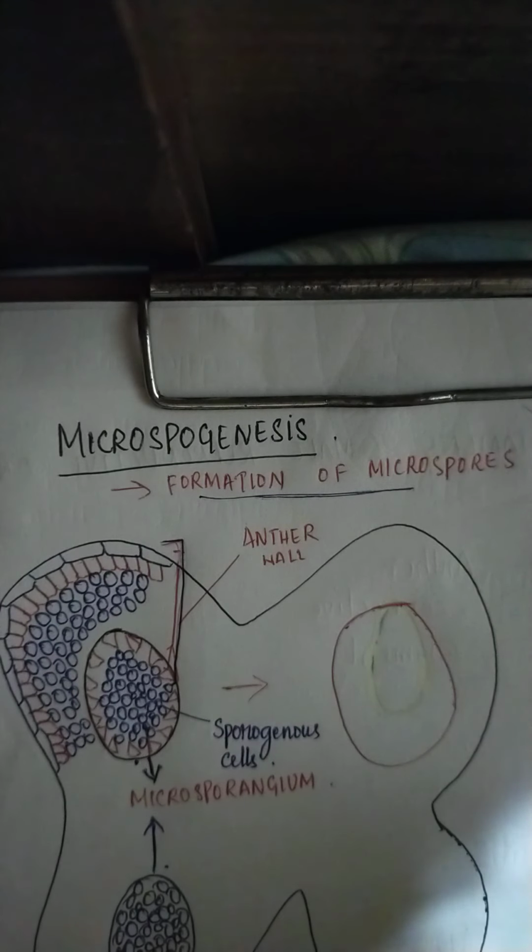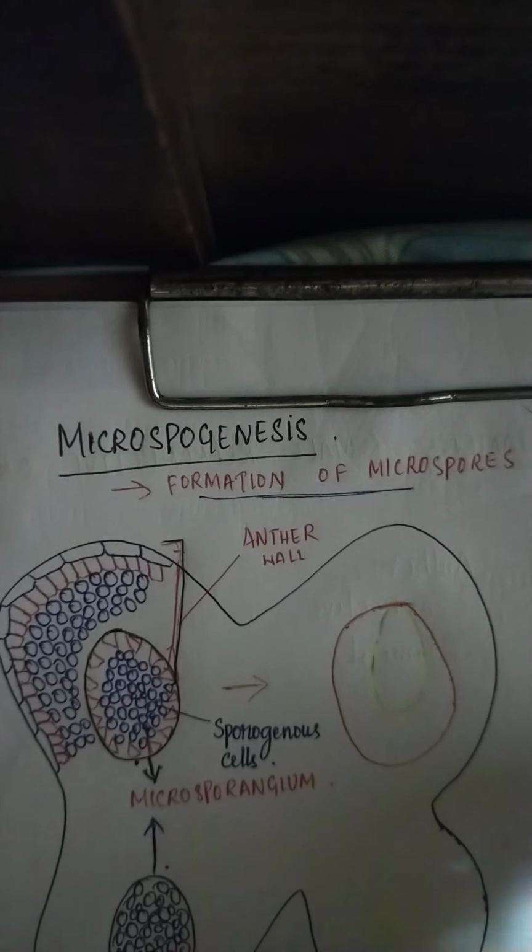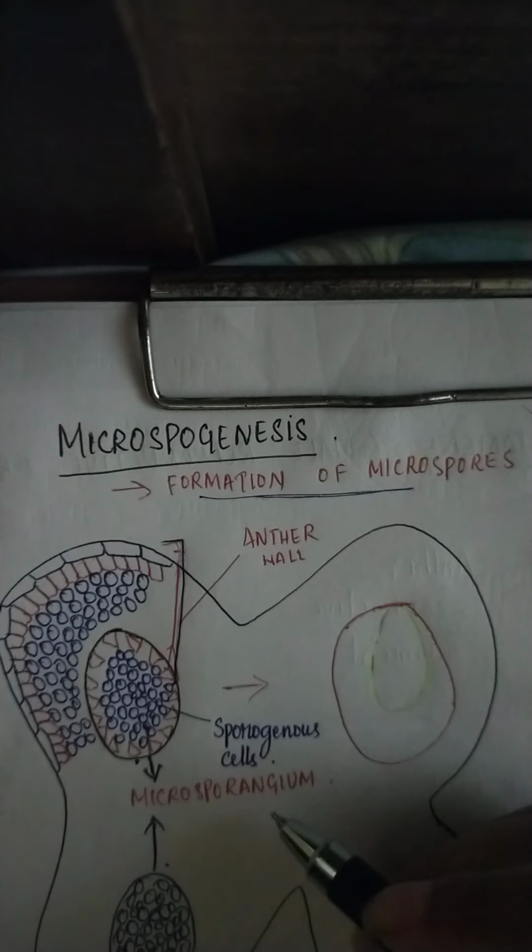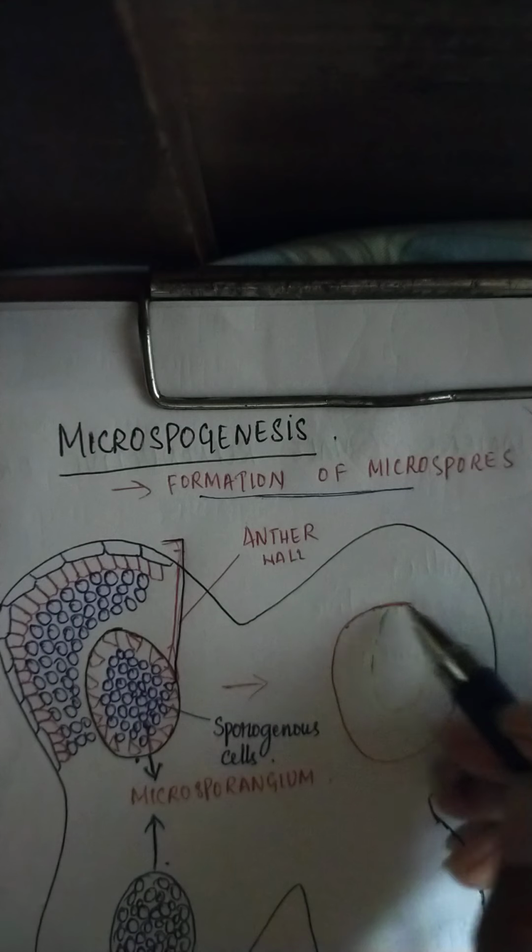But the sporogenous cells inside stay the same size, the same number, the same mass. They do not divide or multiply yet, but the size of the microsporangium becomes wider.